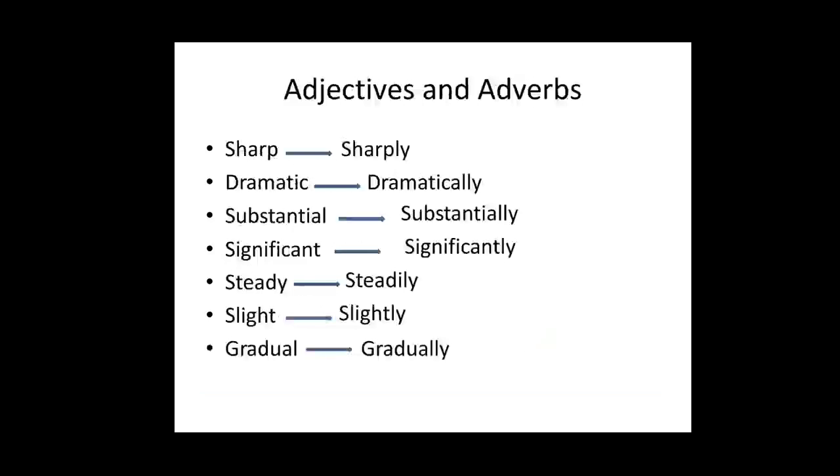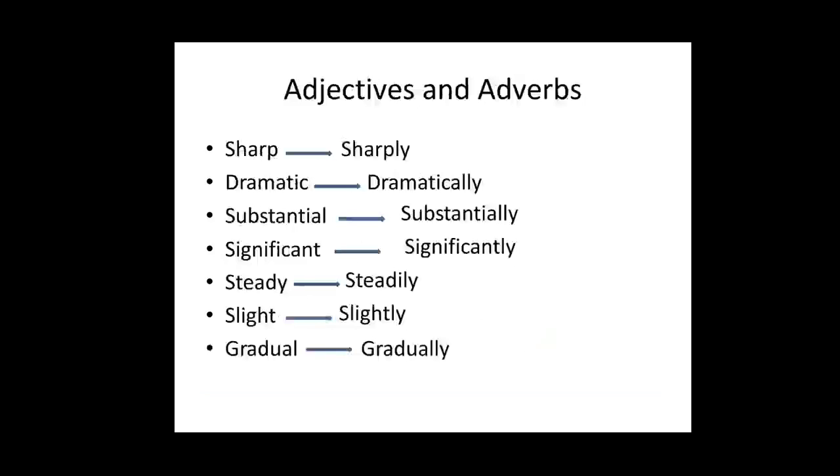Next are the adjectives and the adverbs. While you are describing a graph, what adjectives and adverbs can we use? For example, if you use the adjective sharp, the adverb is sharply. Similarly, dramatic, dramatically; substantial, substantially.